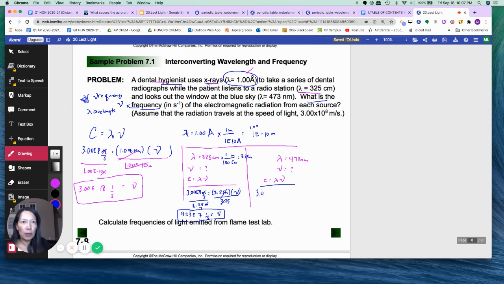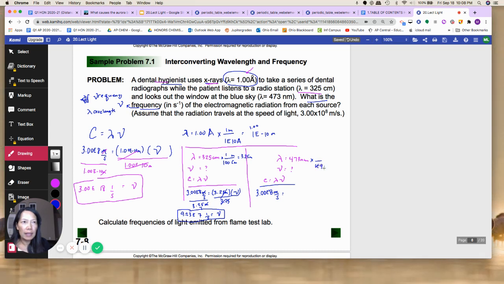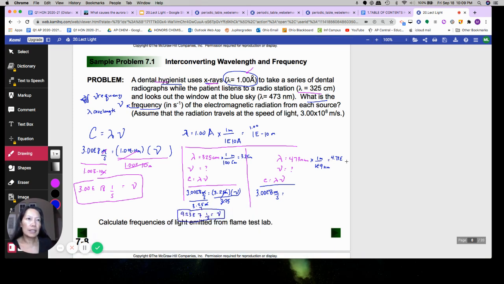Okay, let's try this one. Same thing: 3.00 E8 meters per second equals, change this to meters. 1 E9 nanometers is 1 meter, so this is 4.73 E negative 7 meters. So I plug that in here: 4.73 E negative 7 meters times the frequency.